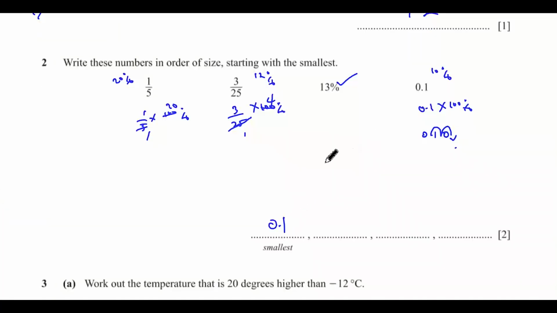That's the smallest. Then followed by 3 over 25, that is 12%. Then the next one will be 13%. And the last one will be 1 out of 5, which is 20%, the largest one.